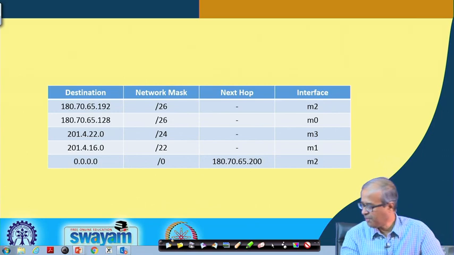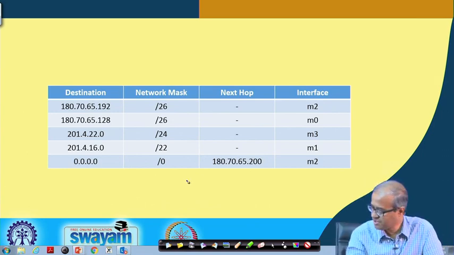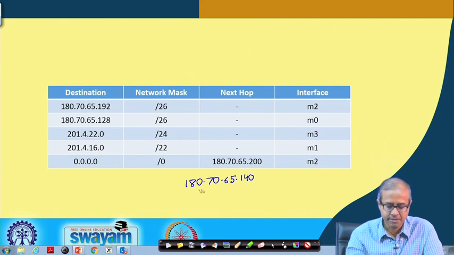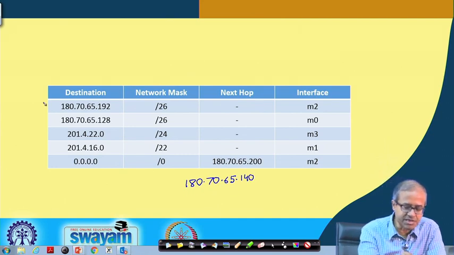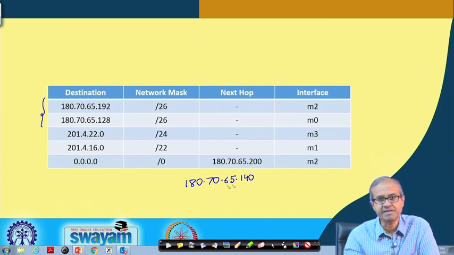Now, talking about the IP addresses in the example that you mentioned, the first was 180.70.65.140. See, 180 obviously it will be one of the first two. So, I again leave it as an exercise for you.